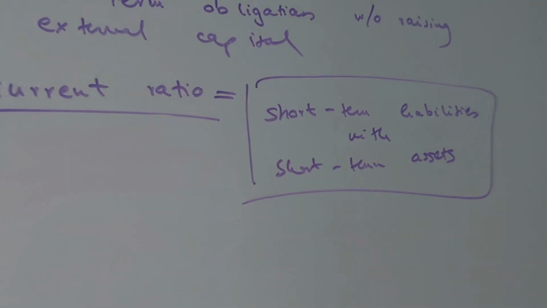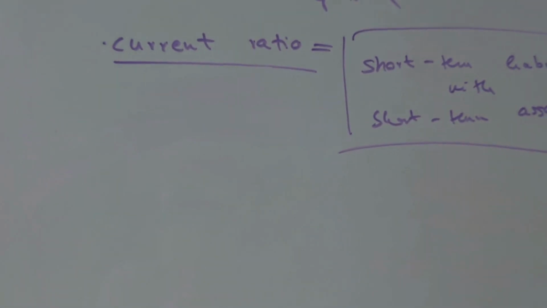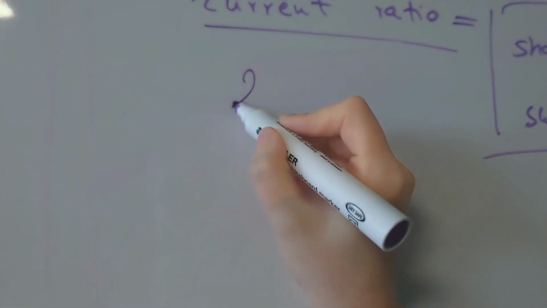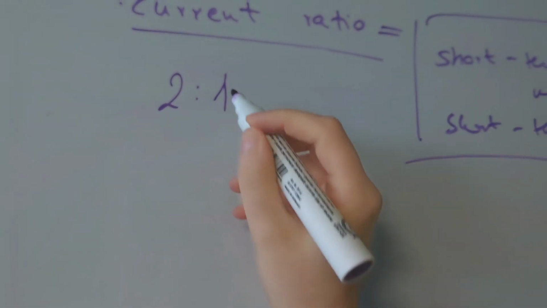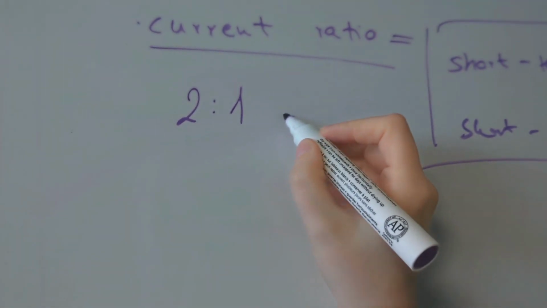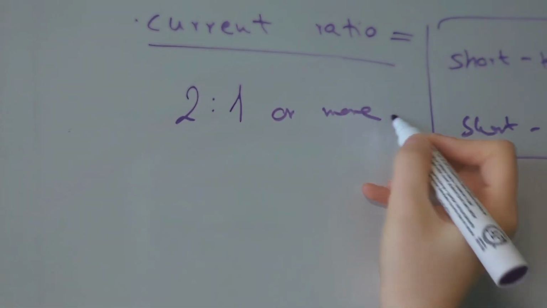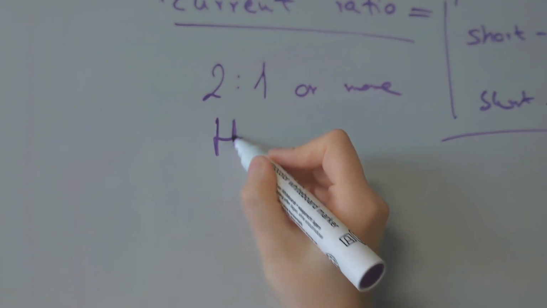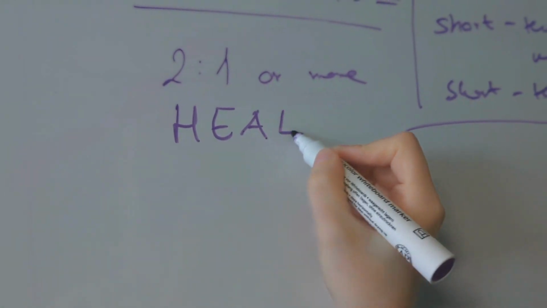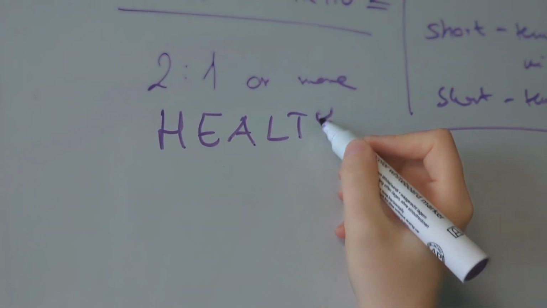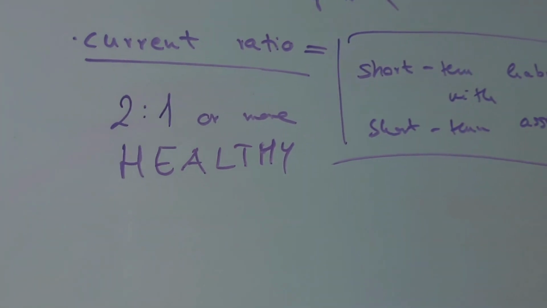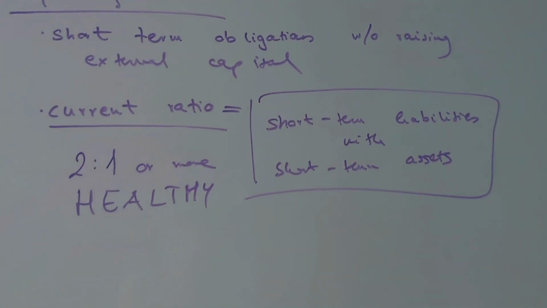So I will show you the calculation in just a minute, but I want to make a note that once you calculated this, if your ratio is at least 1 or higher, that is considered as a healthy ratio. I can't speak and write at the same time.